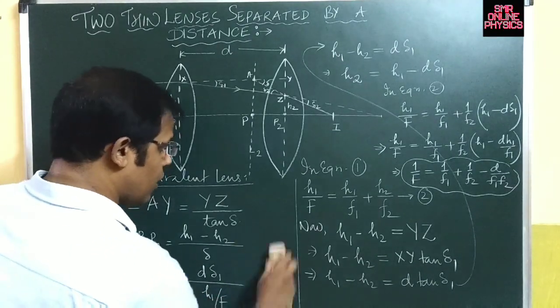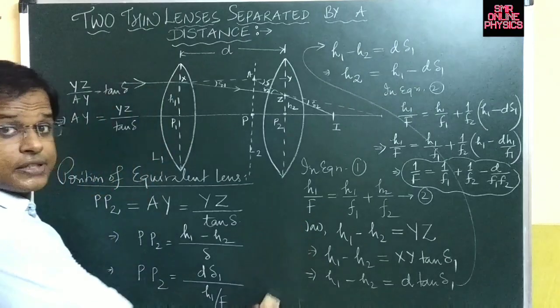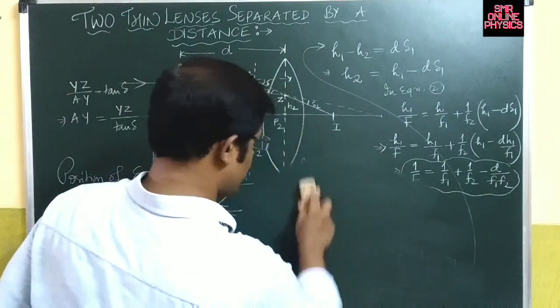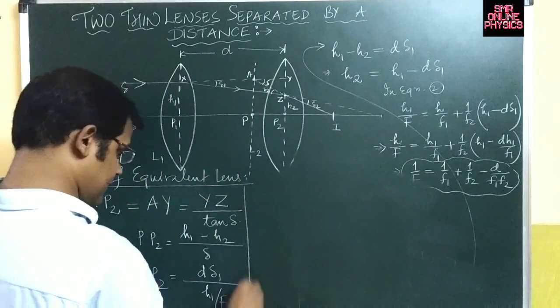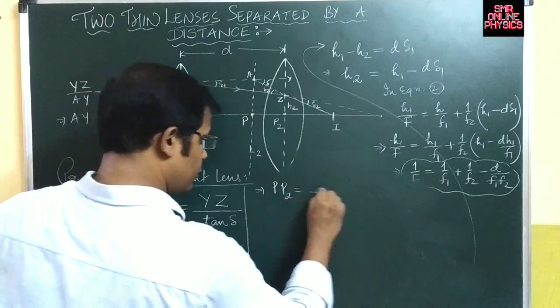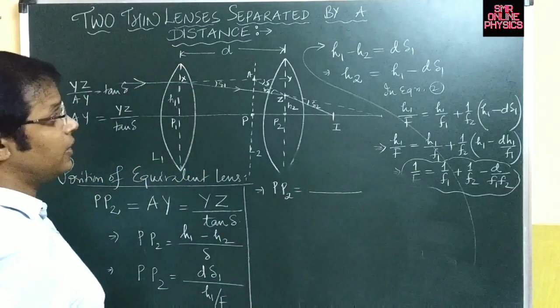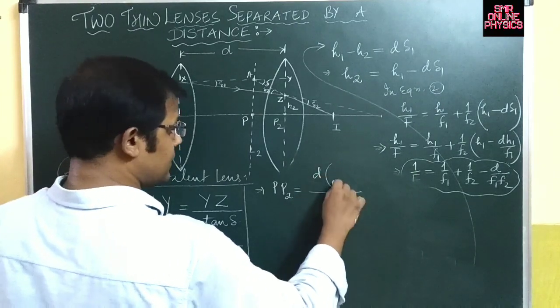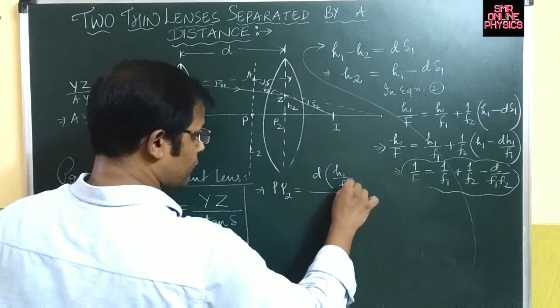Okay. So now let me get rid of this so that it's all clear to you. All right. So we can write something like this. PP2 should be equal to D delta 1. Delta 1, what was delta 1? Delta 1 is H1 by F1.